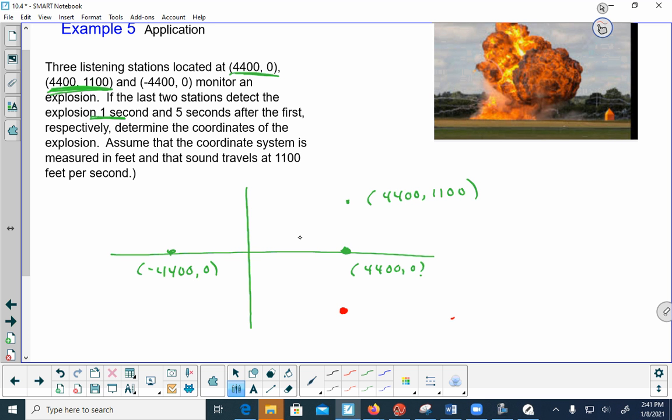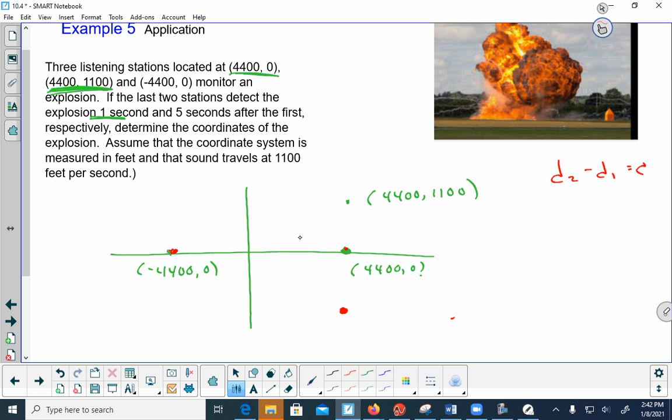I do know that I am going to sketch 2 hyperbolas, and I'm going to do it in such a way that these 2 points, because I need that information from those 2 points, are the foci. And the reason is, if you remember from the very beginning, D2 minus D1, the distance from a point on the graph, is equal to a constant.